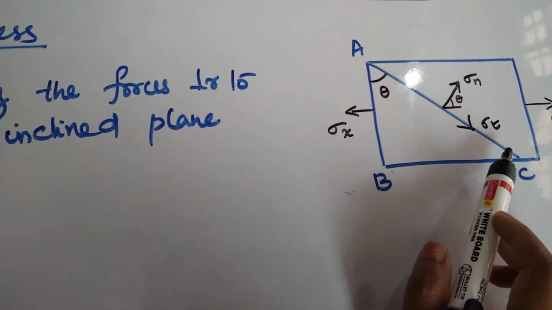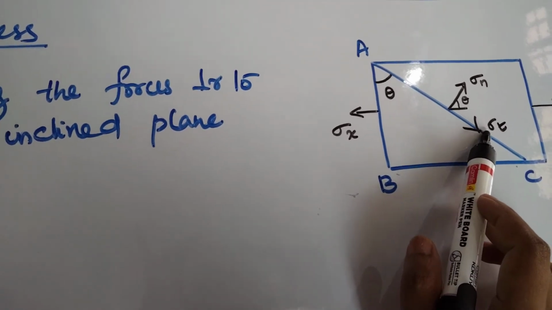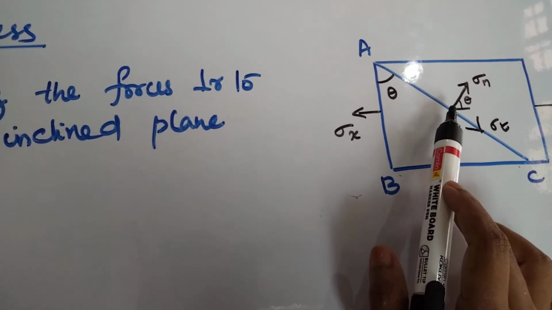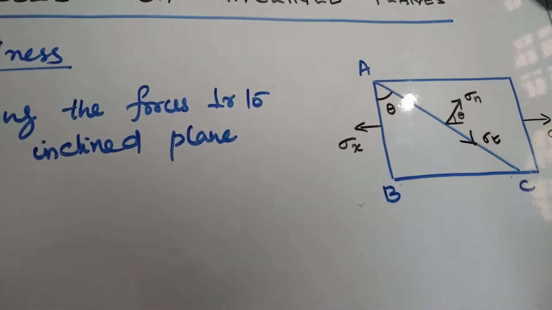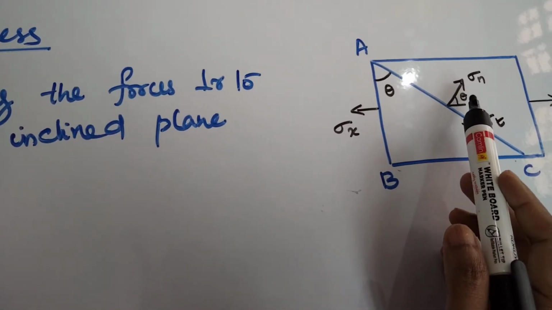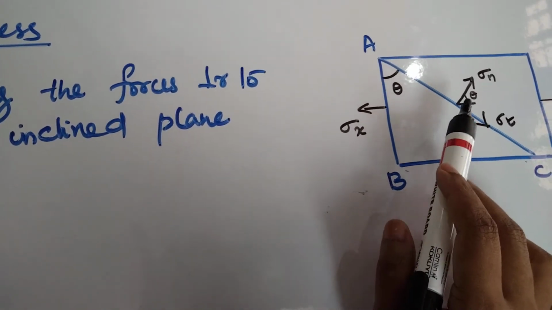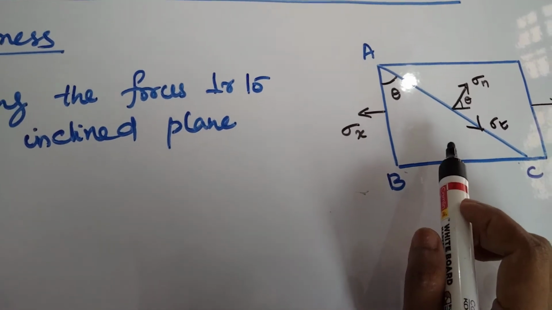Sigma t we are going to consider along AC, so its component perpendicular to the plane will be 0. So sigma n and sigma x will be the stresses. Sigma n into AC into thickness t, stress into area, will give you the load.